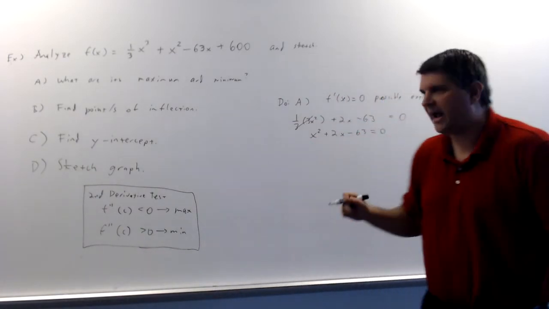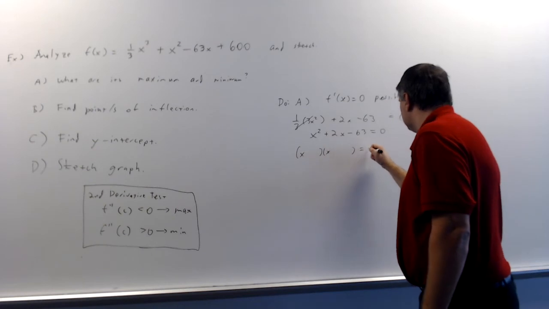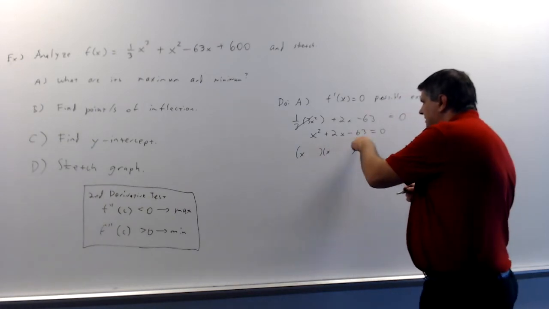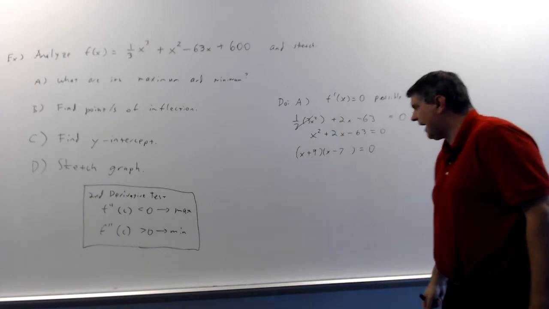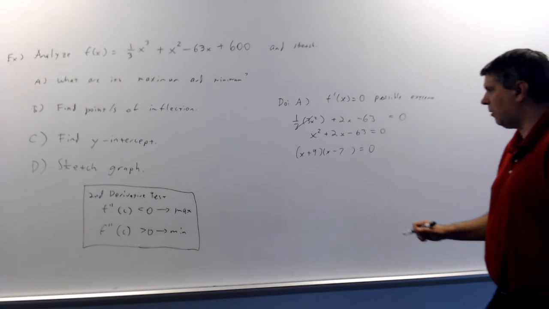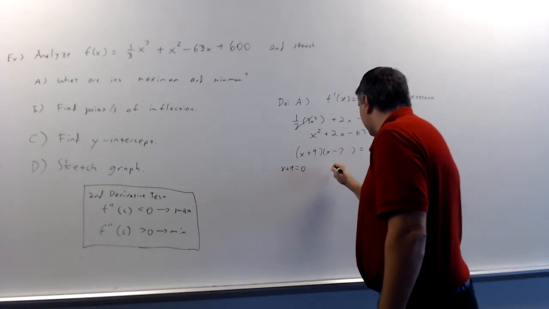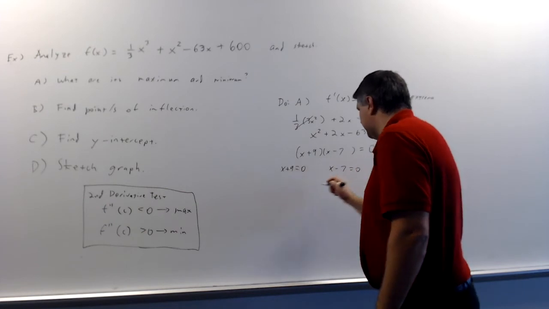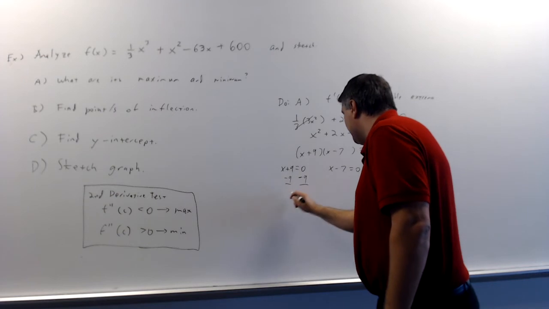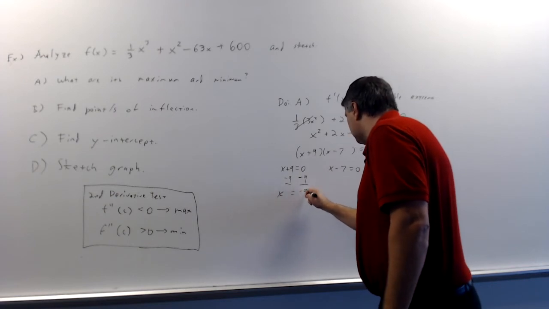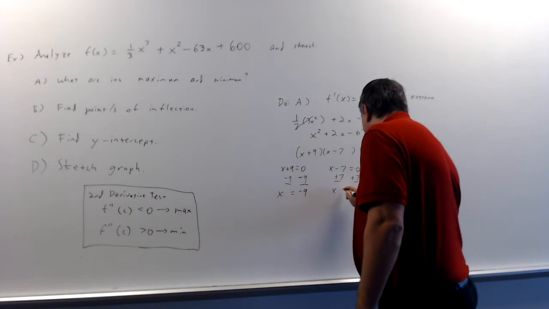I'll solve this by factoring. The pair of factors of negative 63 that add to positive 2 are positive 9 and negative 7. So I have x plus 9 equals 0, x minus 7 equals 0. Subtract 9, and x is negative 9. Add 7, and x is 7.